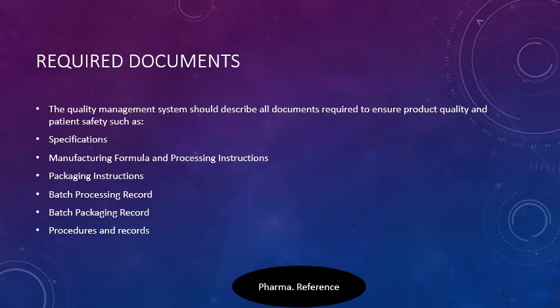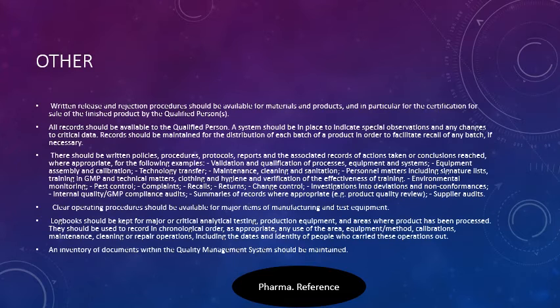Required documents. The quality management system should describe all documents required to ensure product quality and patient safety, such as specification, manufacturing formula and processing instruction, packaging instruction, batch processing record, batch packaging record, procedures and records.